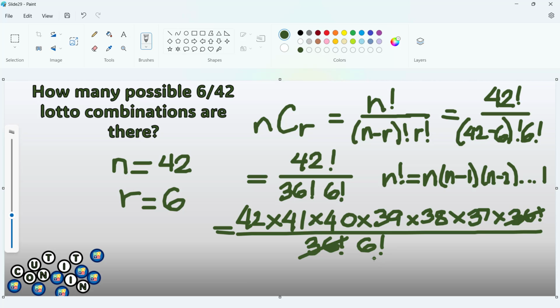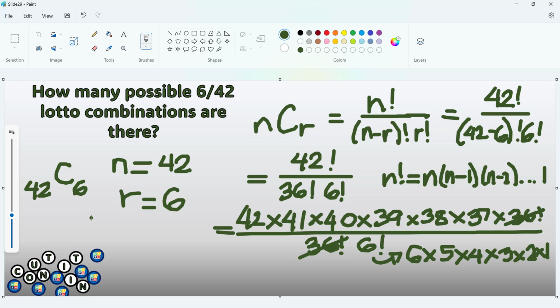Now 6 factorial here, let's just say I'm not using any calculator. 6 factorial is the result of multiplying 6 times 5 times 4 times 3 times 2 times 1. Again, no need to worry if you are using a calculator. You could try this 42C6 in your calculator and you will get the answer automatically.